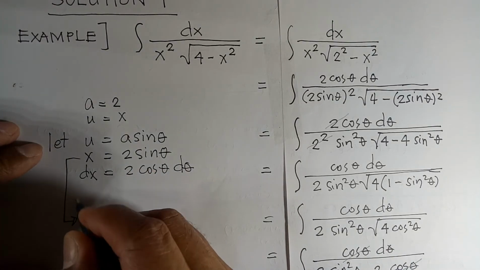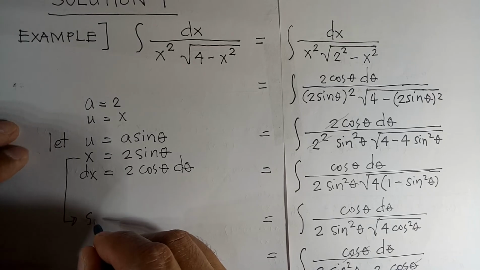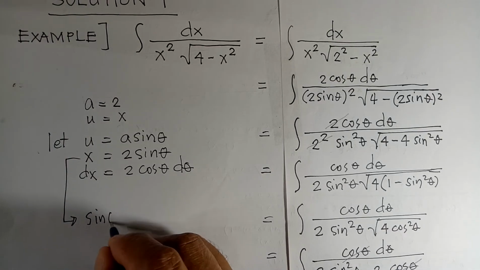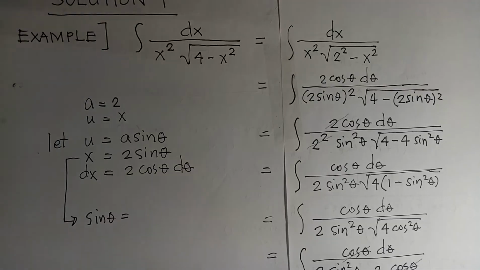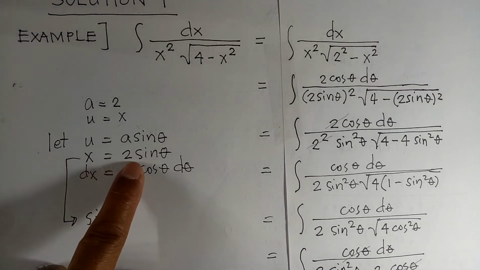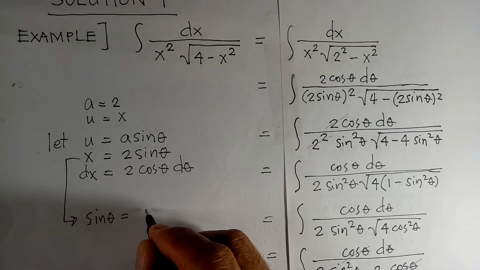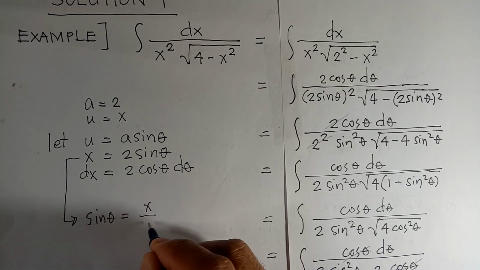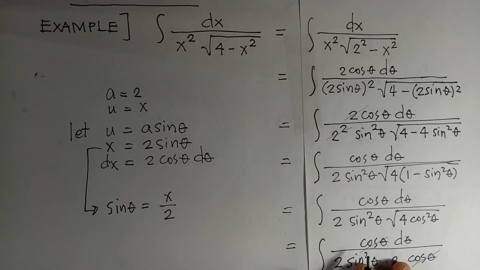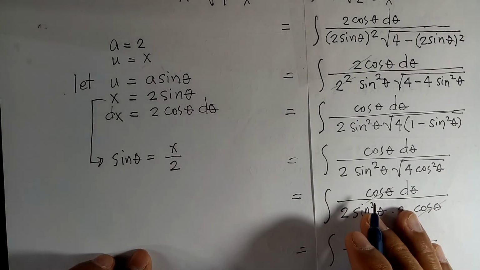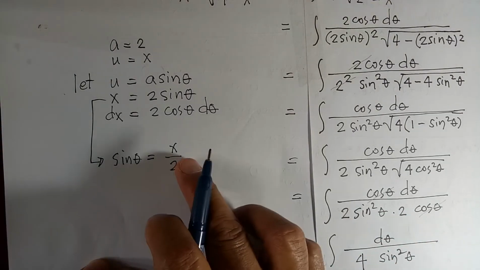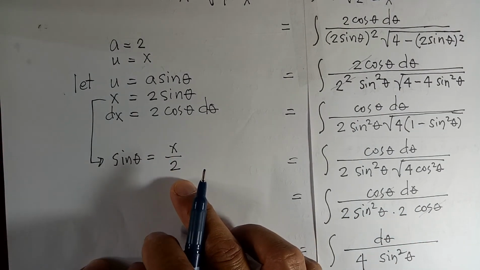So, dito, pag sinolve natin yung sine theta, sine theta will be equal to x divided by 2. So, x divided by 2. And then, by definition, no, sine is opposite divided by the hypotenuse.